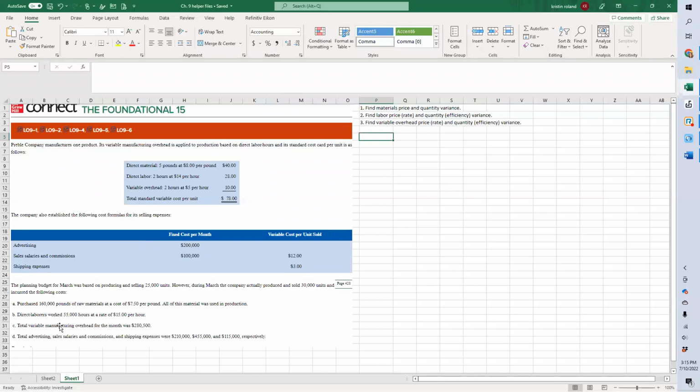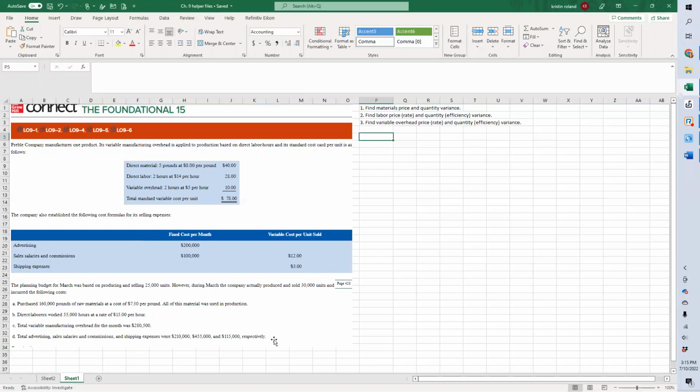Direct laborers worked 55,000 hours at a rate of $15 per hour. Total variable manufacturing overhead for the month was $280,500. And then total advertising and other expenses were as follows.